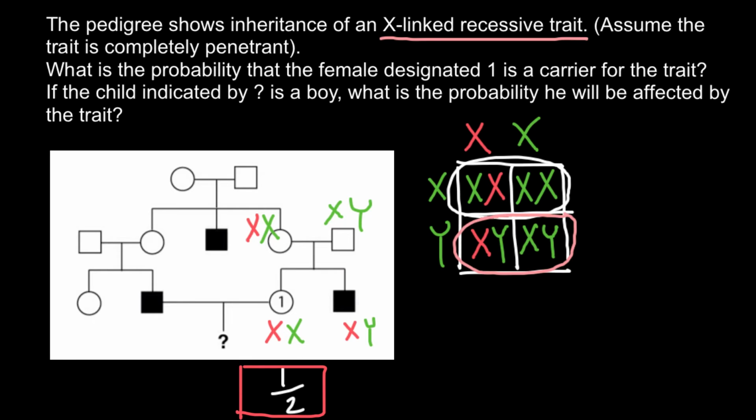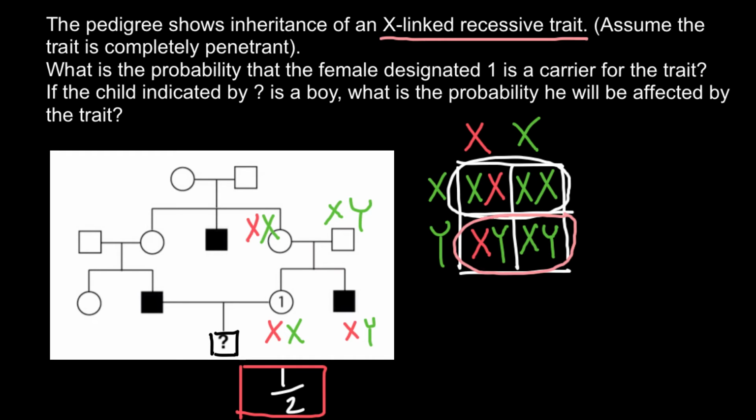And second question, if the child indicated by the question mark is a boy, what is the probability he will be affected by this trait? So let's put a square here, and now let's put the genotype of his father.